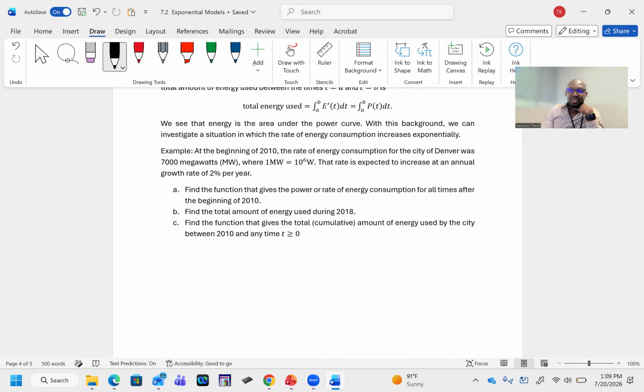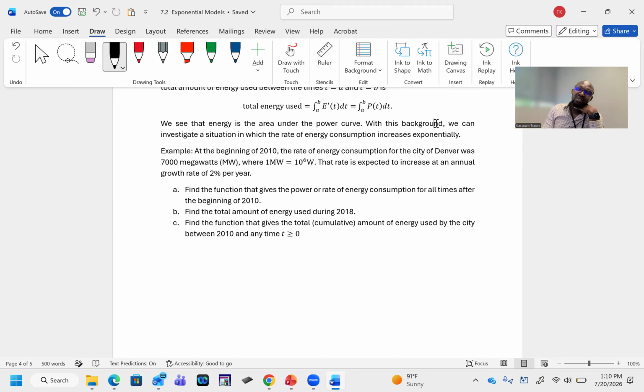At the beginning of 2010, the rate of energy consumption for the city of Denver was 7,000 megawatts (MW), where 1 megawatt is equal to 10 to the power of 6 watts. That rate is expected to increase at an annual growth rate of 2% per year. A, find a function that gives the power or rate of energy consumption for all time after the beginning of 2010.